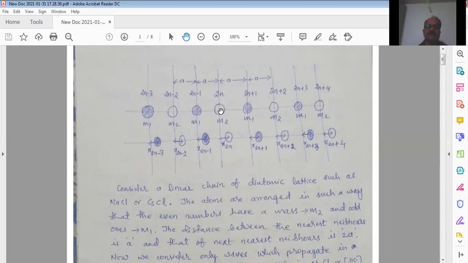The nearest neighbors to this atom are 2n plus 1 and also 2n minus 1. So these two are the nearest neighbors. Next nearest neighbors means the atom 2n plus 2. For simplicity, we are considering the interactions between only the nearest neighbors, which are more important.